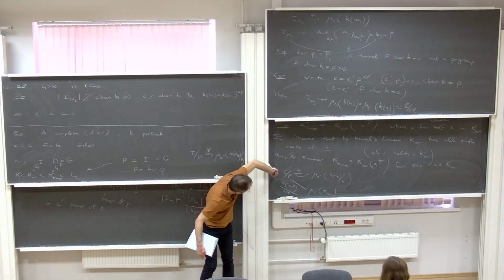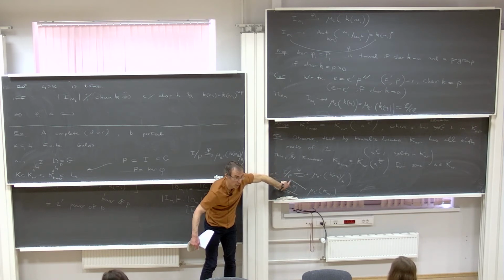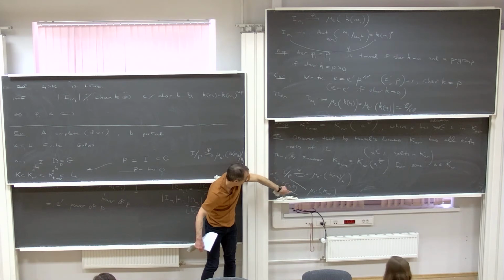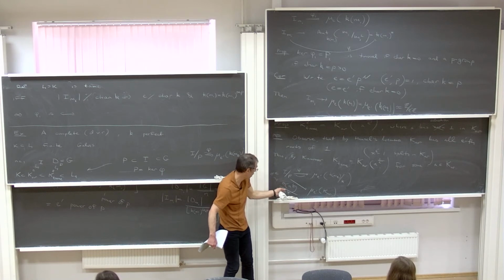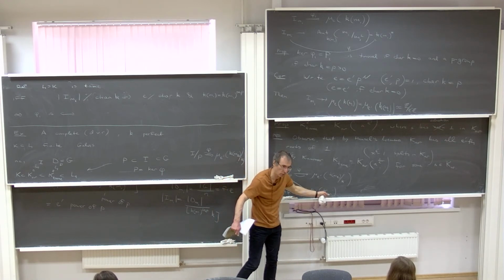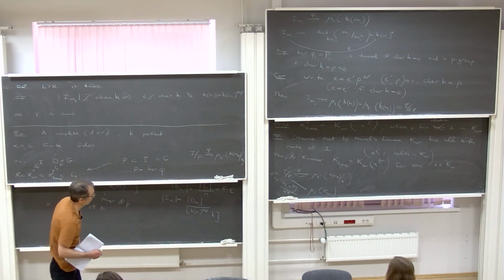So this element is equal to itself times a root of unity. So if I divide, I get a root of unity. And it's a homomorphism because this is a straightforward computation using the fact that this field already contains all roots of unity. They're invariant in that action.